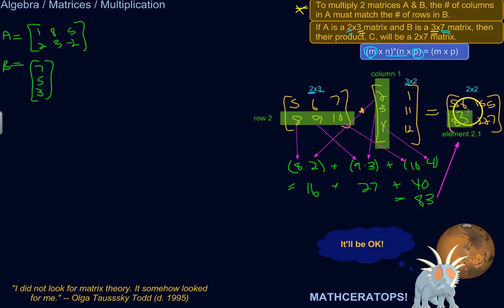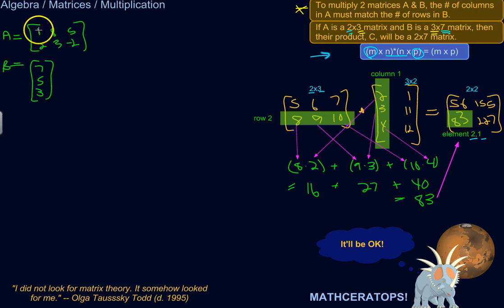To get this value, I therefore multiply the second row of the first matrix by the first column of the second matrix. Multiplying matrices goes in one direction.